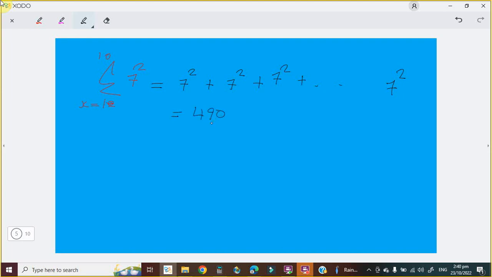Couldn't you then just factor out 7 squared from the start and take the sum from 1 to 10 of 1? Notice you're adding 1 10 times, so you get 10. And then 10 times 49 is still 490.